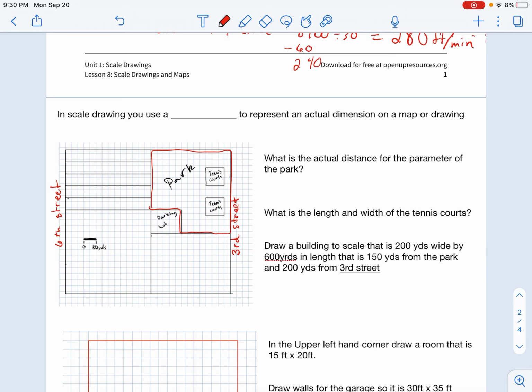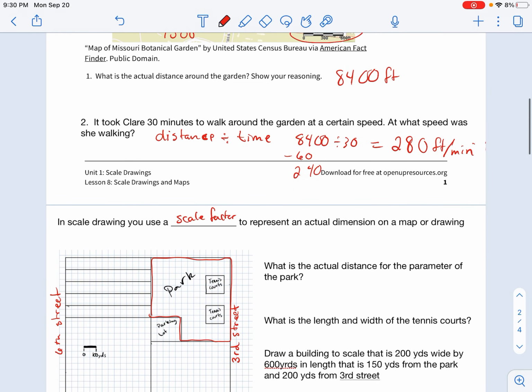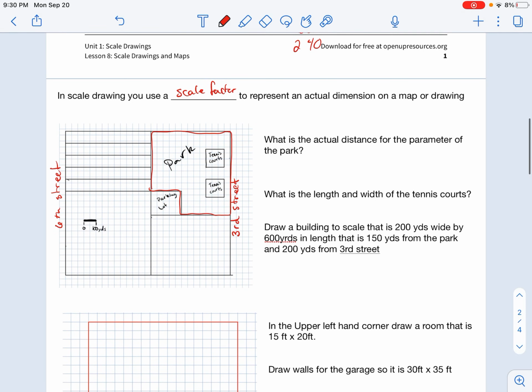All right. So with a scale drawing, you use a scale factor to represent an actual dimension on a map or a drawing. Just like up here, this little dimension right here represents 600 feet. That's the scale factor. Now here I'm going to be using a graph paper where it's a little easier to see.